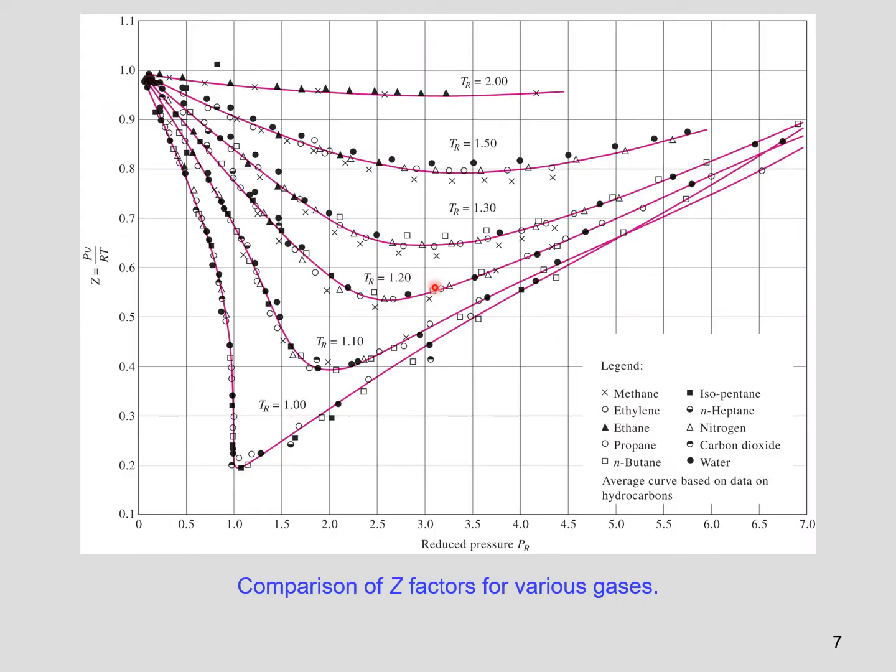So here's a chart of the Z factor. What you need to do is come in at the reduced pressure, then find the corresponding reduced temperature you're at, then run over and determine the Z value.